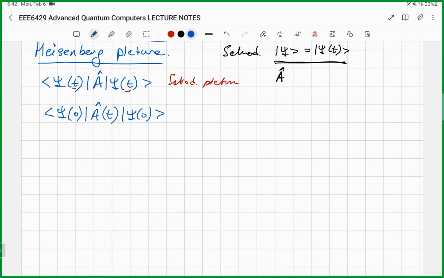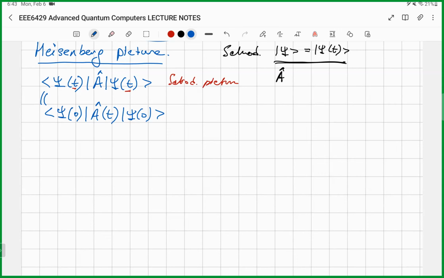So the question is, can we represent this matrix element in this way, when the operator depends on time but the state psi is time independent, so that these two matrix elements give exactly the same result.